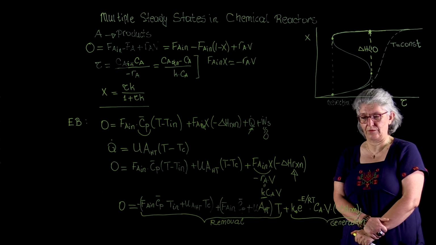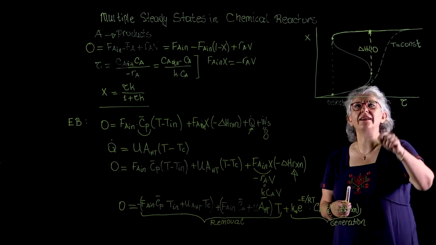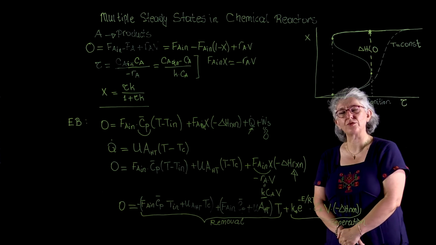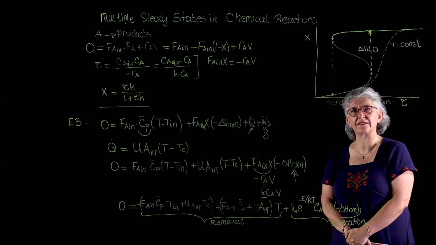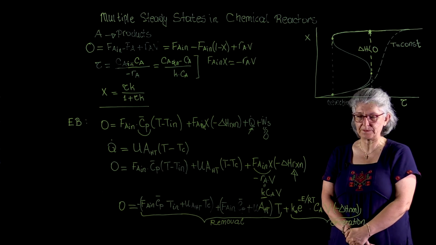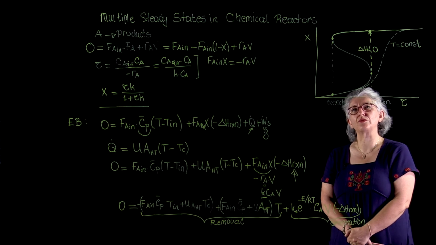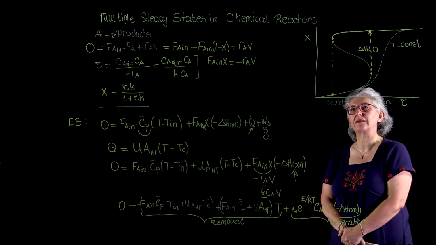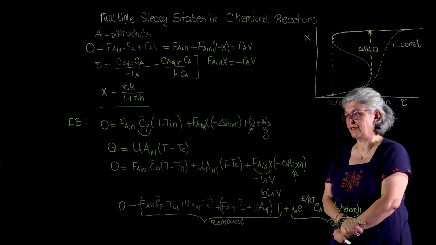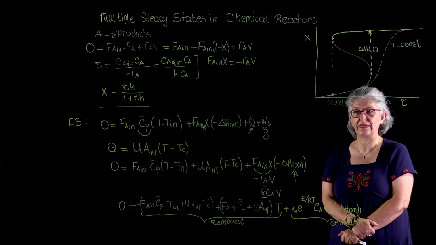But first and foremost, we have to pay attention that if we have an exothermic reaction, if delta H is less than 0, the reaction heat is going to increase the temperature within the reactor to extremes that we may encounter explosions.